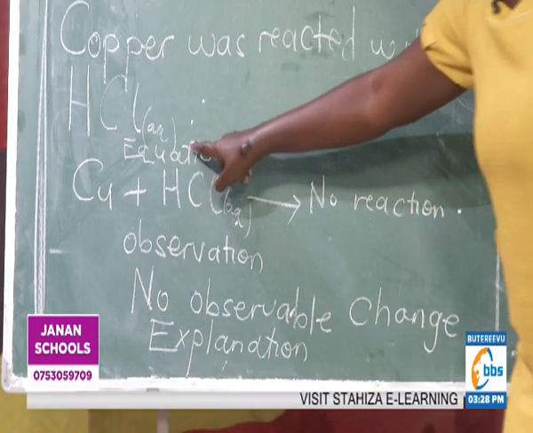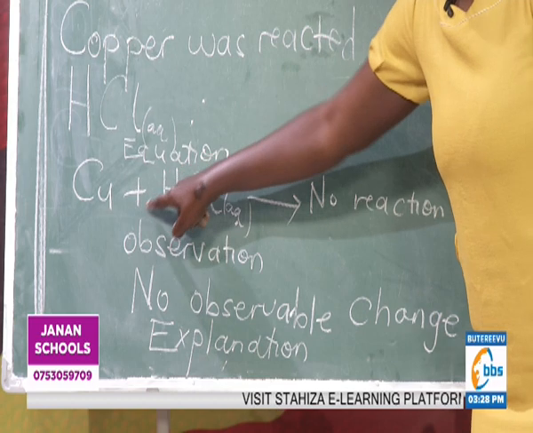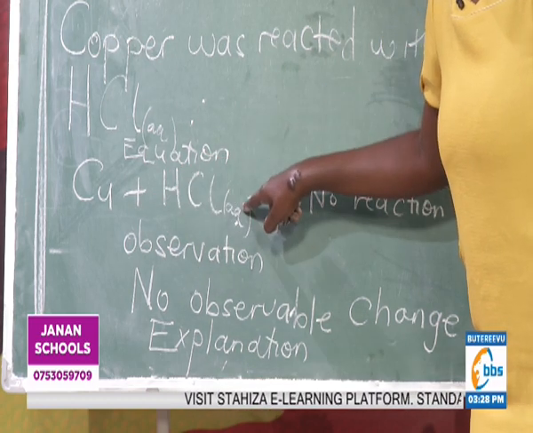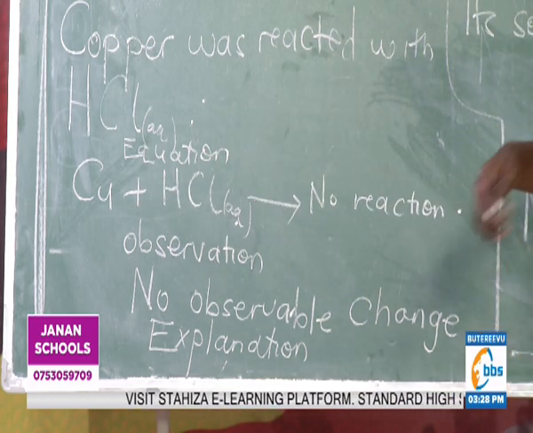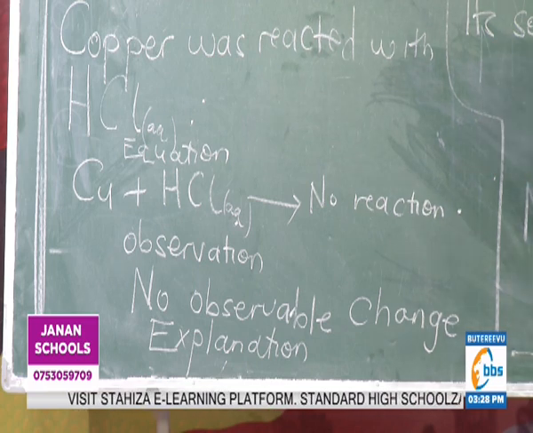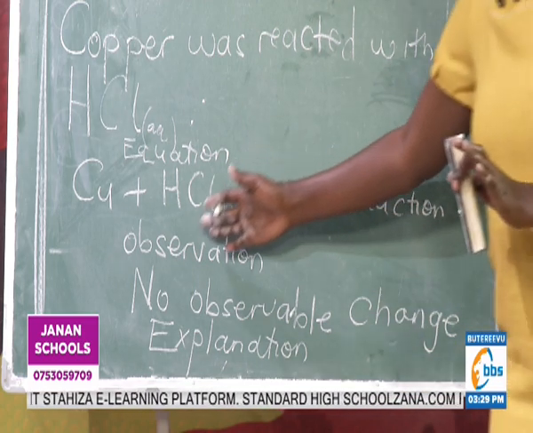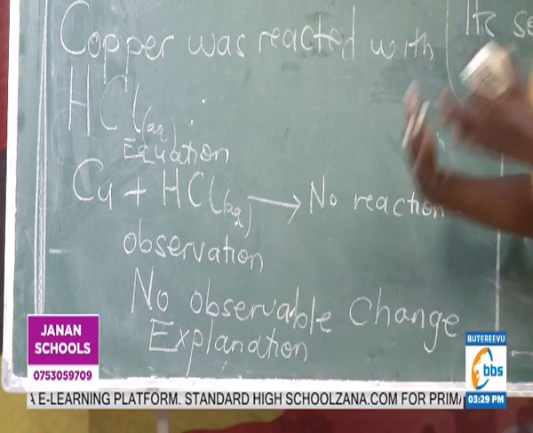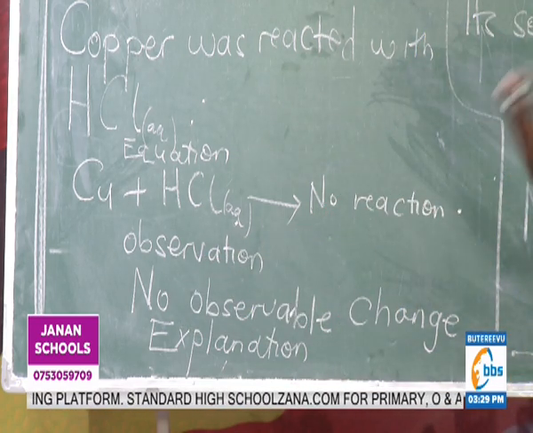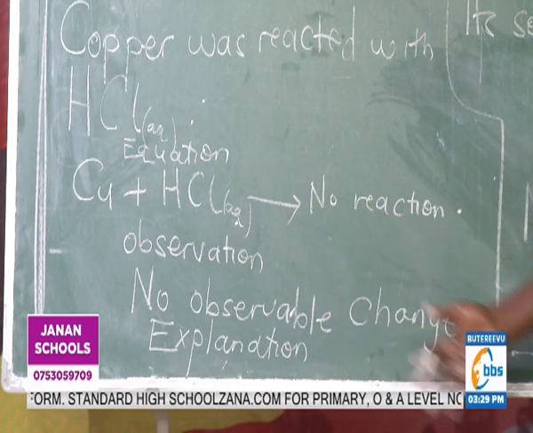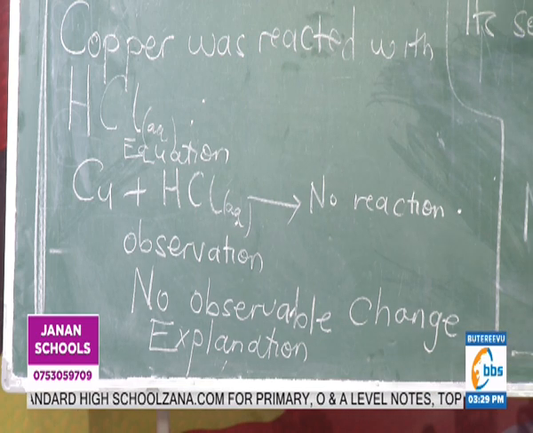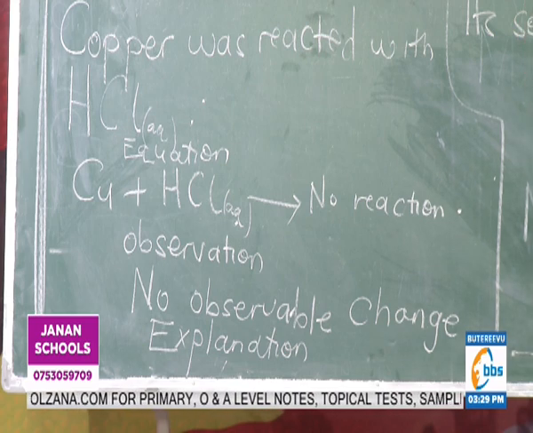When it came to the equation, they showed us the reactants, but on the side of the products, they told us no reaction. When it came to observation, no observable change. Indeed, it remained the way it was. Then they explained why there was no observable change or why there was no reaction.